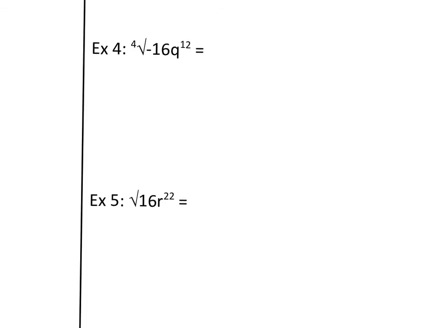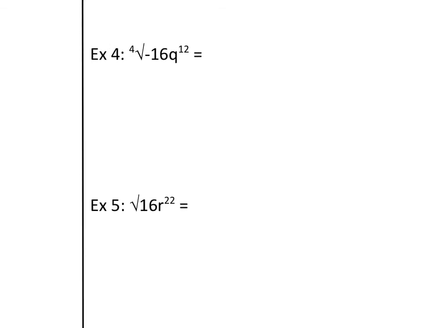Example 4. Looking at that negative, is that okay? No, why not? Because the index is even, so what do I need to make that negative into, and what do I do with it?